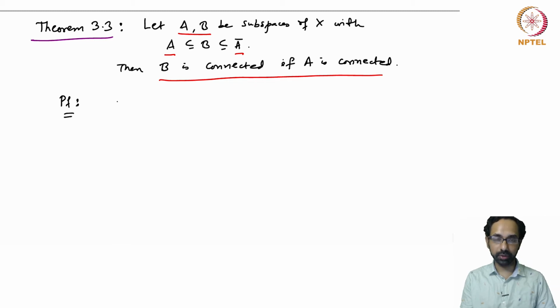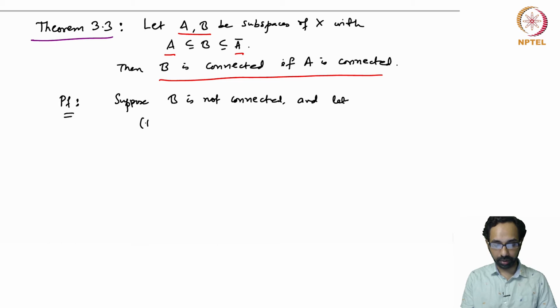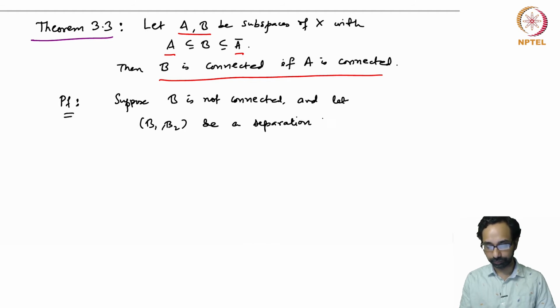Again we use contradiction. Suppose that B is not connected, and let B1, B2 be a separation of B. Now we have seen in one of the previous lemmas that because A is connected, it must lie entirely within B1 or entirely within B2.